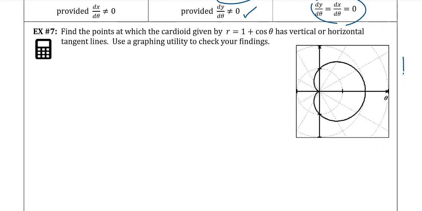We're supposed to find the points at which this cardioid, given by r equals 1 plus cosine theta, has vertical or horizontal tangent lines, and then check with a graphing calculator. So what we need is an x equation and a y equation. We're going to get the x equation first.